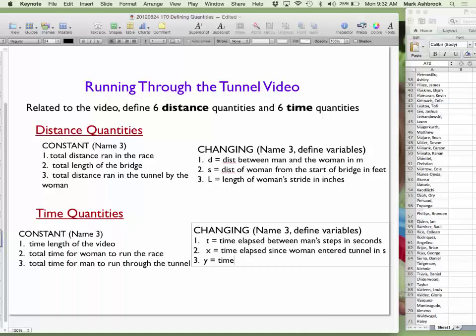And we've already used X. I'm going to use Y. So Y equals what exact time do you want? I'm sorry, I didn't hear you. Okay, so the time difference for the woman and man to reach the end?